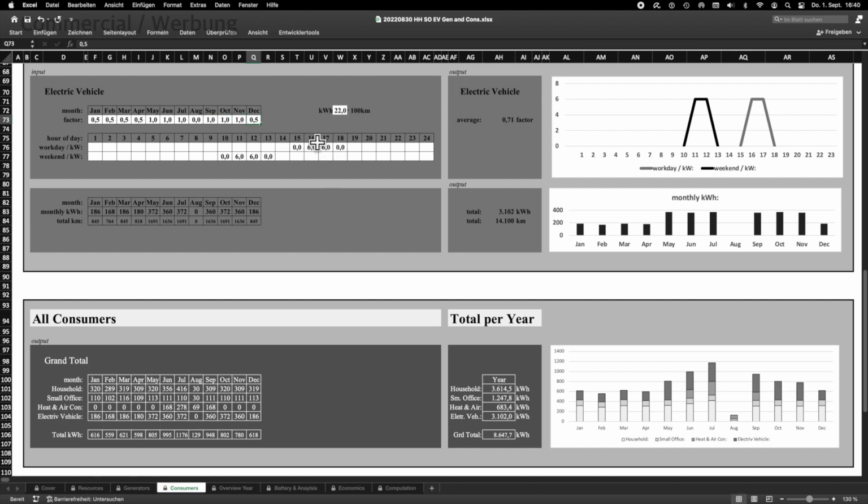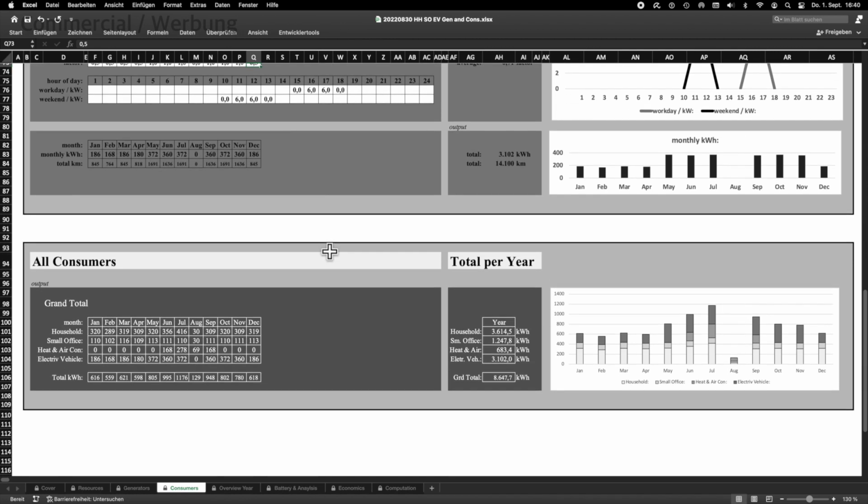Our wallbox can deliver 6 kilowatts and we insert our consumption profile during the week and for the weekend. Our car consumes 22 kilowatt hours per 100 kilometers. This equals then more than 14,000 kilometers per year, which is about the average for cars in Germany.